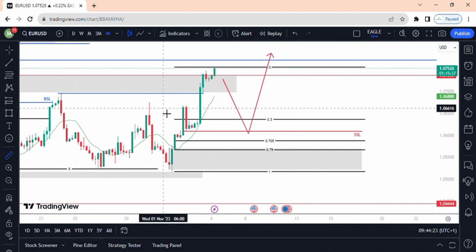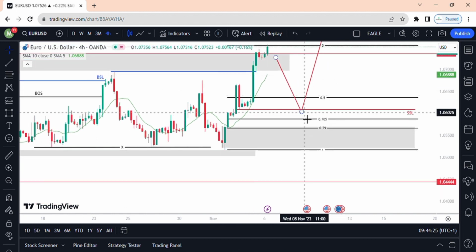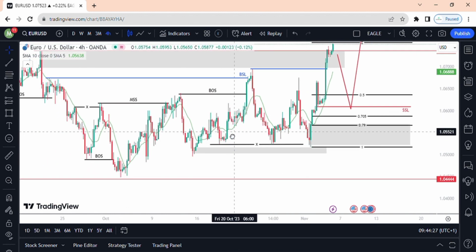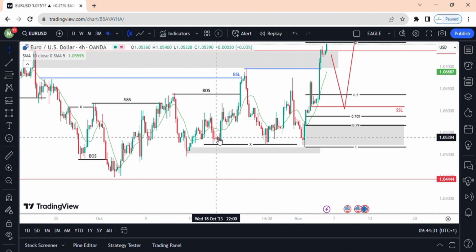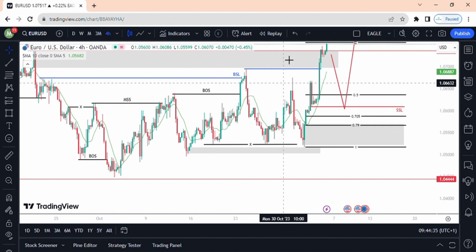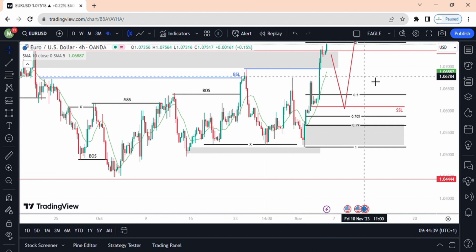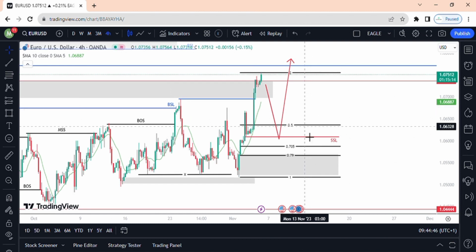Like the previous one, I told you that we have just 3 entries, and one of the entries was this, and the second was around this level, which price respected a little bit, before price reached this high. So more likely we are going to see price retrace into our zone again, and we are going to enter just below this liquidity or this liquidity itself.